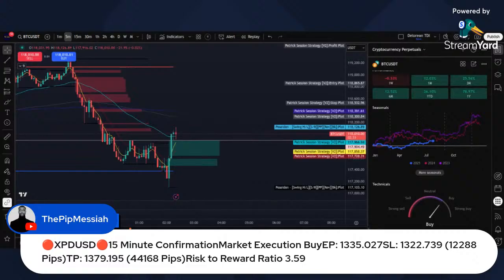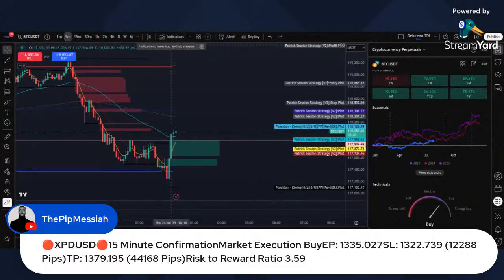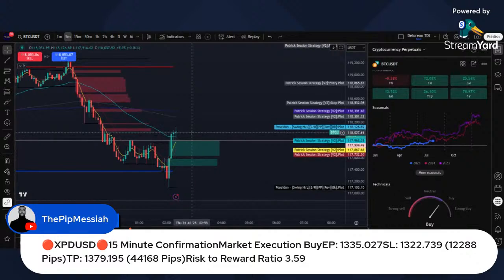So basically, what I'm doing now is I'm taking a look at Bitcoin versus Tether. I do believe we're probably going to get some action on cryptocurrency during tonight's session. And right now, it appears that Bitcoin is trapped between two very tight levels of fair value gap.